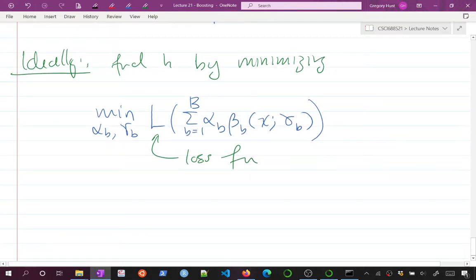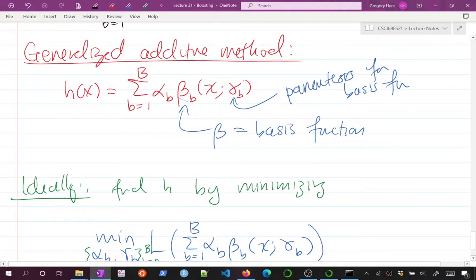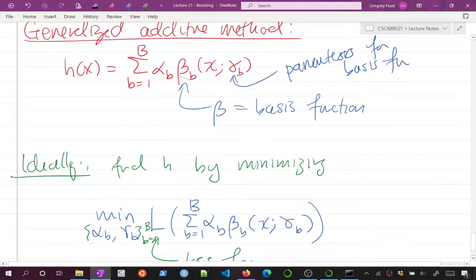Polynomial regression is an example. This is a complicated problem to solve, because there's a whole bunch of parameters that you need to optimize over in the general sense.